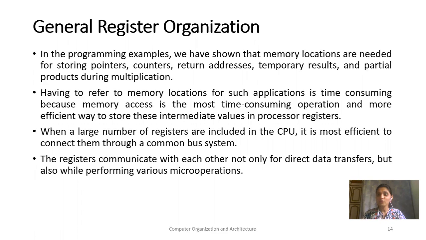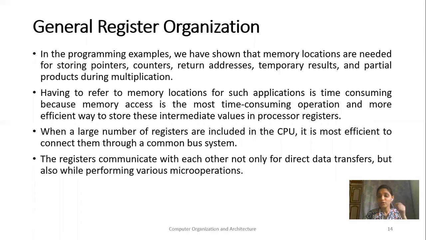To do this, we will require a large number of registers included in the CPU, and the most efficient connection between them to complete this task. The registers can communicate with each other not only for direct transfer but also for performing micro operations.